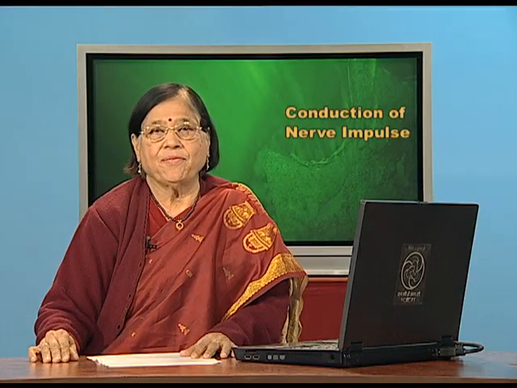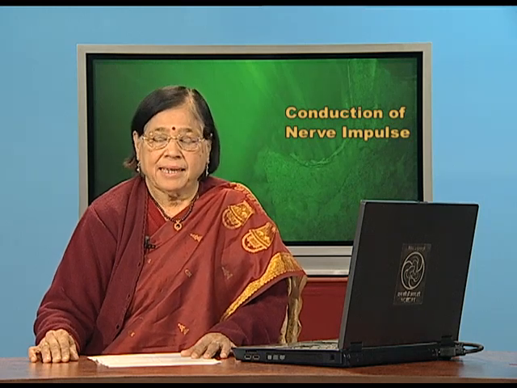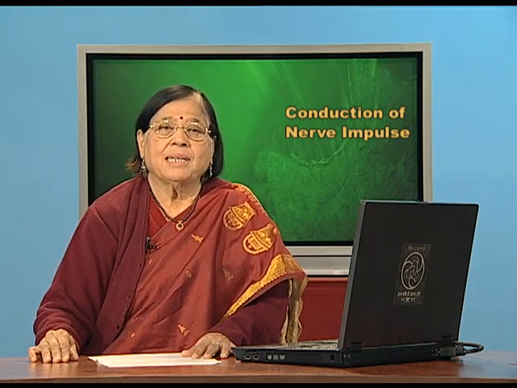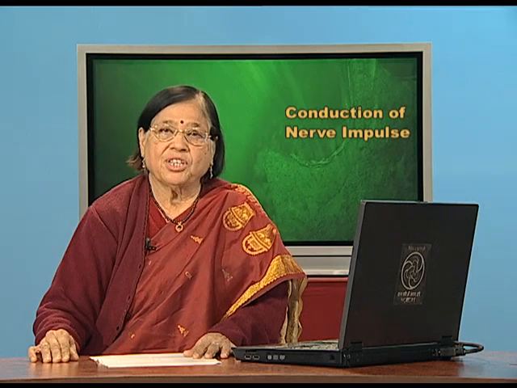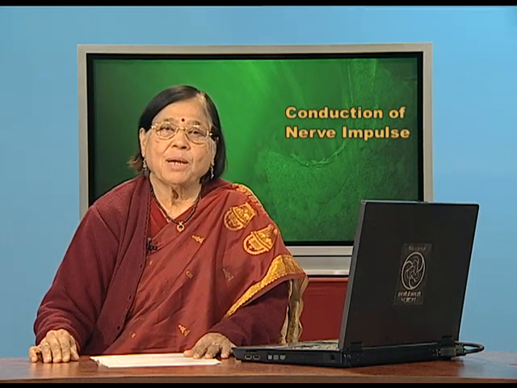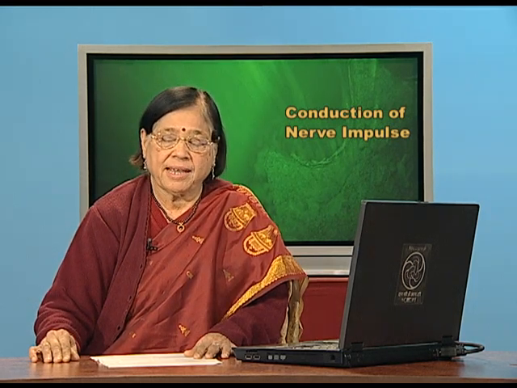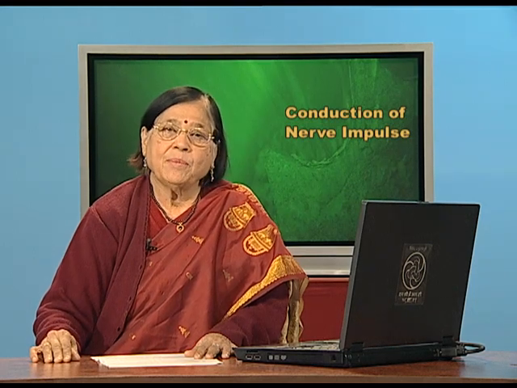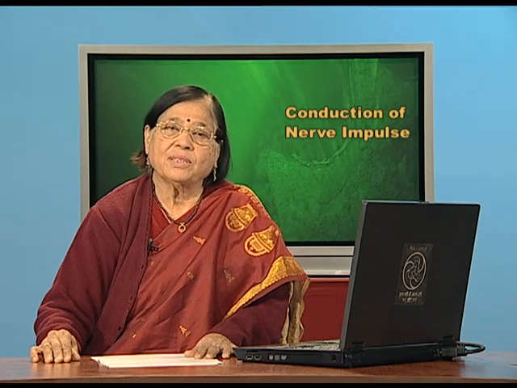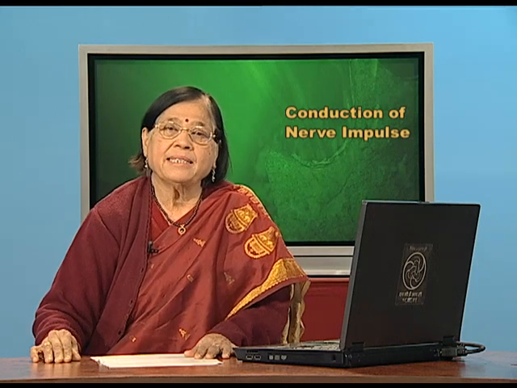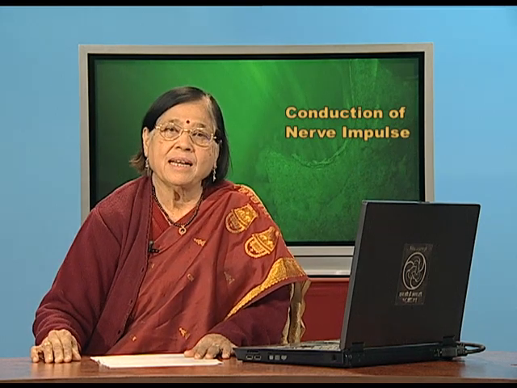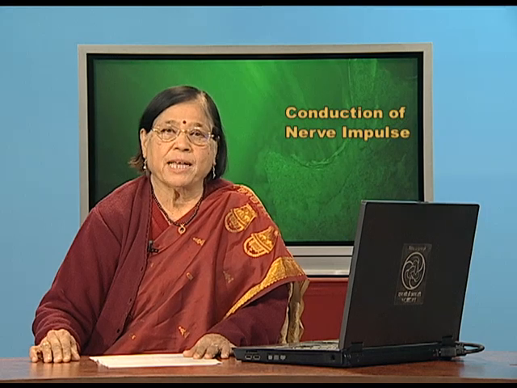So, we have understood that inside the axoplasm, the potassium ion concentration is high, the sodium ion concentration is low and the negative protein ion concentration is also high, and that is the condition in the axon, in the axoplasm.